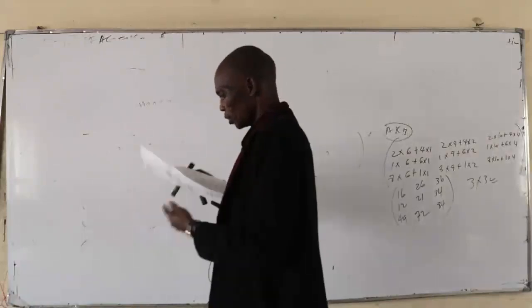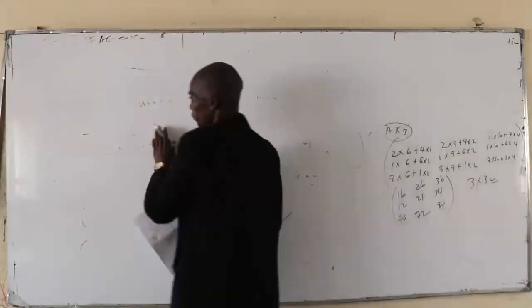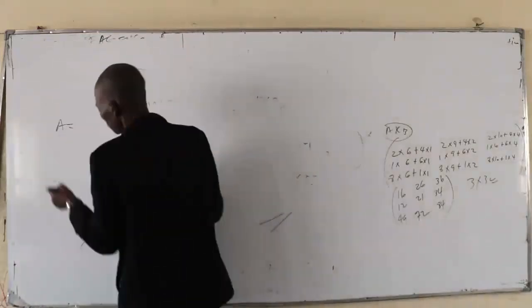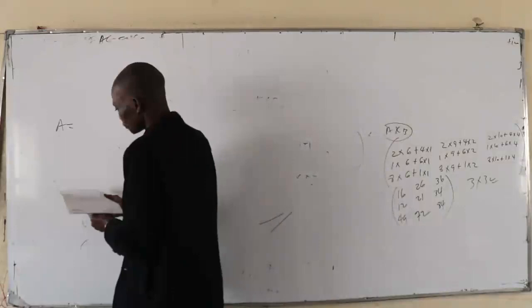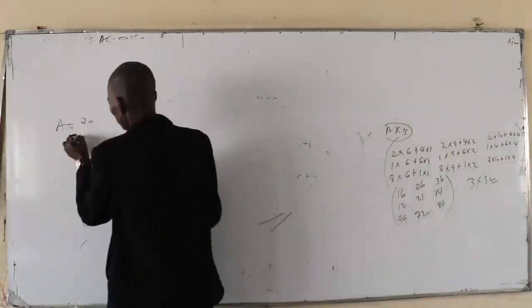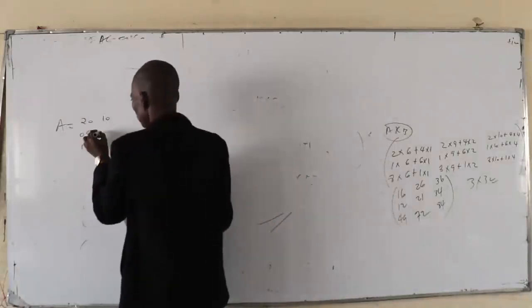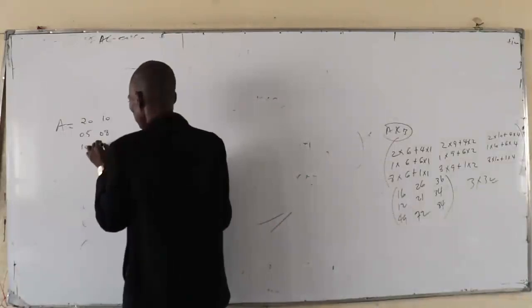In question 1A, you've been given A to be 20, 0.5, 10, 10, 0.8, 15.